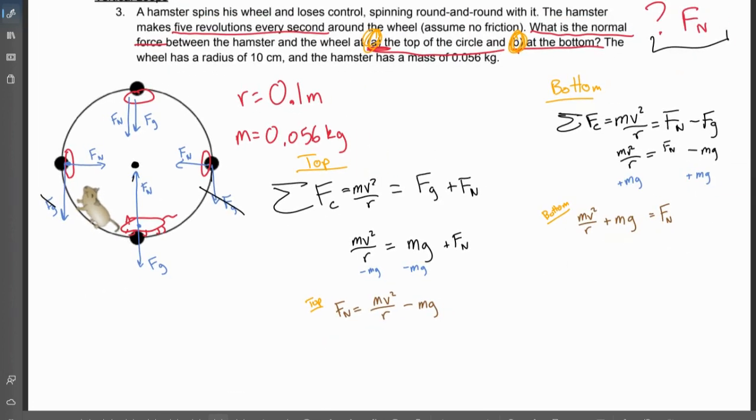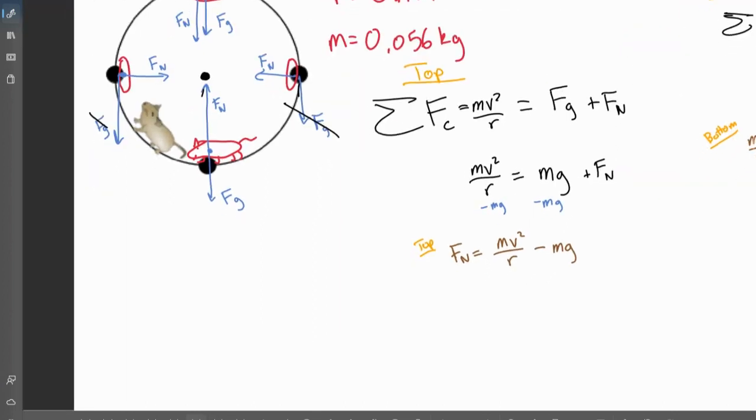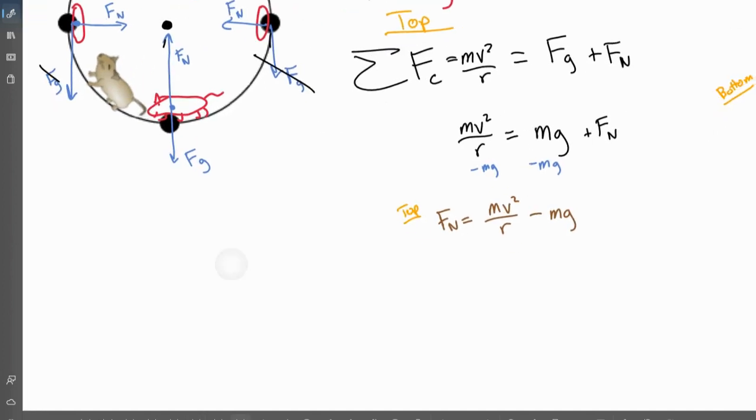Okay, so part A asks, what is it at the top of the circle? Well, we don't have velocity yet. We have radius, but we don't have velocity yet. What we do have is 5 revolutions per second. If I tell you how many revolutions per second that is, that's frequency.